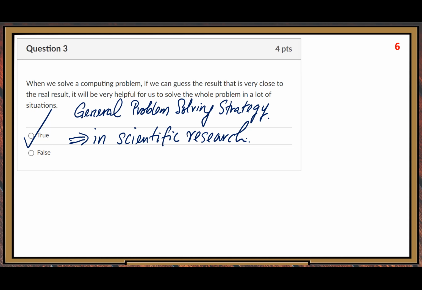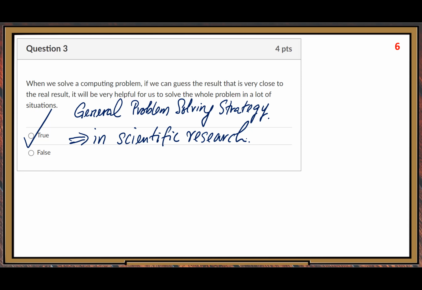They do a large number of experiments. From the experiments, they observe many interesting phenomena, right? They try to understand those phenomena. They try to find reasonable explanations using their theories.